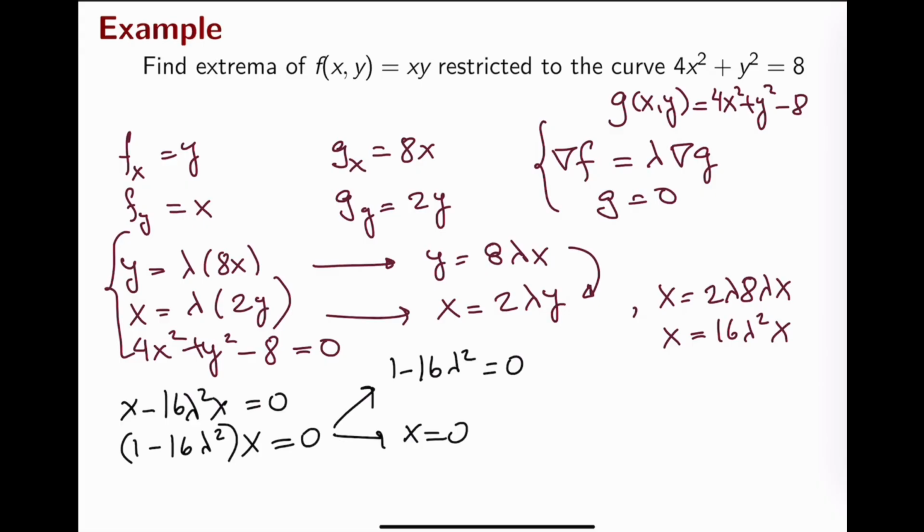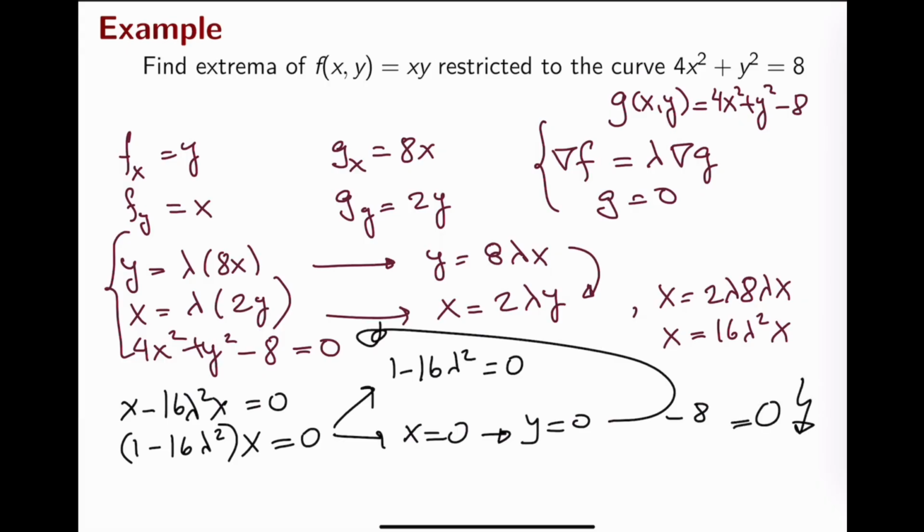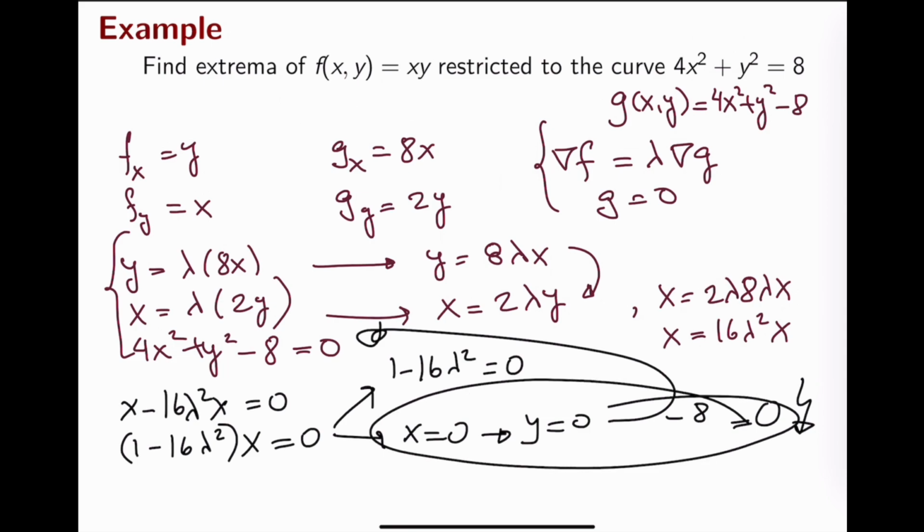So then the solution of this equation is either 1 minus 16 lambda squared is 0, or x is 0, right? From x equals 0, we substitute in here and we get that y is 0. But then when we substitute in the third one here, we get that minus 8 is equal to 0, which is absurd. So that means that we don't get a solution in this.